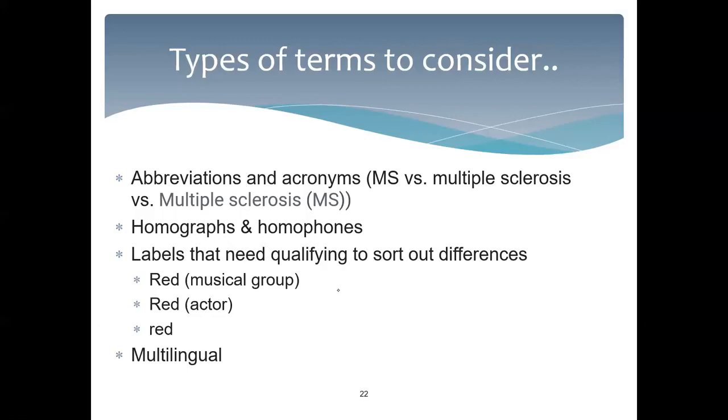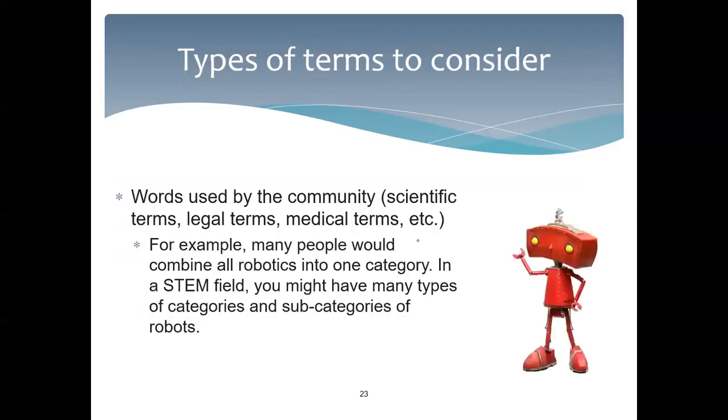Now we can do that, and depending upon your system and how your system interacts with data, that may be a lot of work or it may be no work. But that's typically why you do not see headings changed or terms changed unless they just really, really need it. And then we've talked a little bit about the multilingual aspect as well.